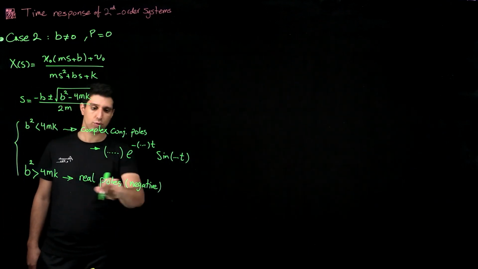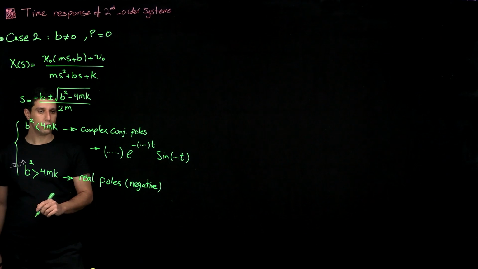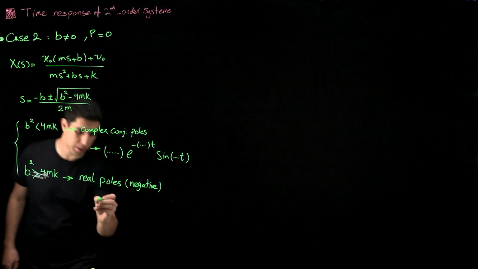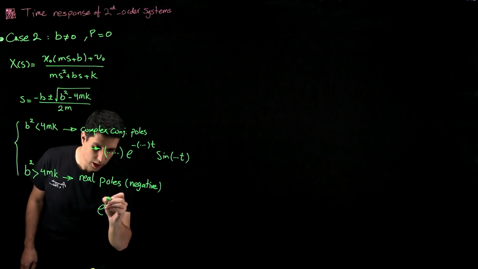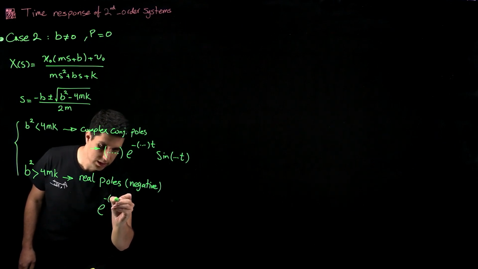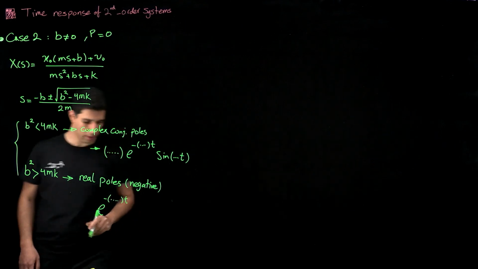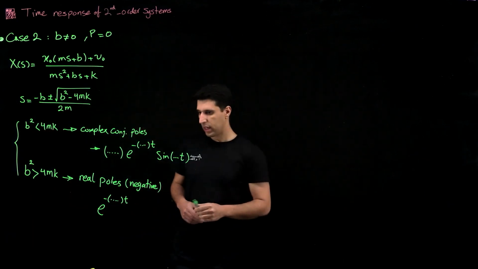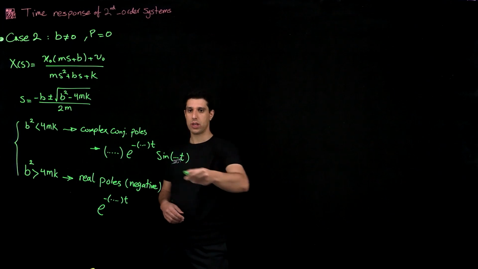And if I have two poles, these will be my modes of response that will be of the type e to the minus something t. And this is just an exponential decay.